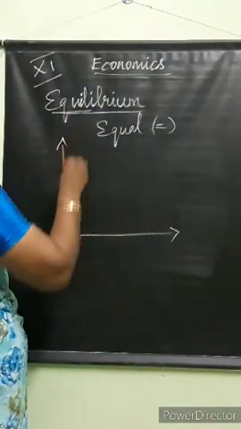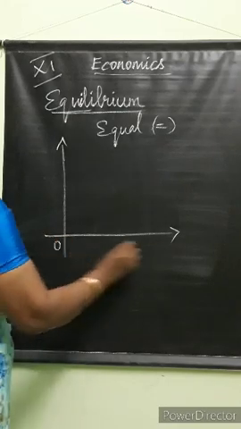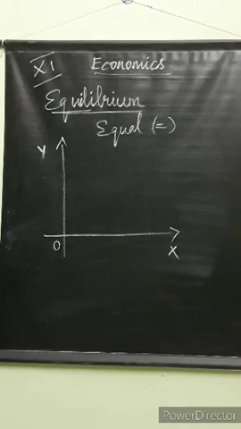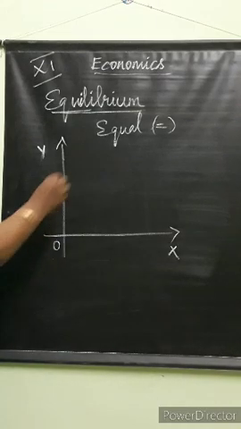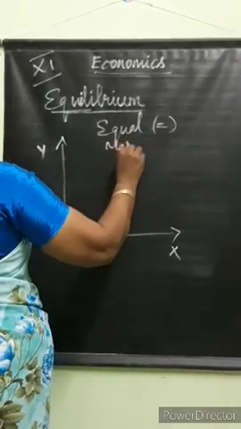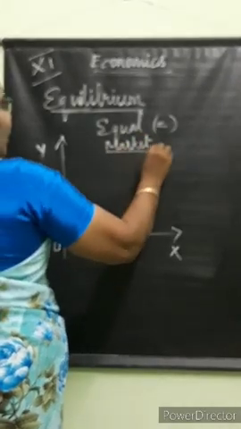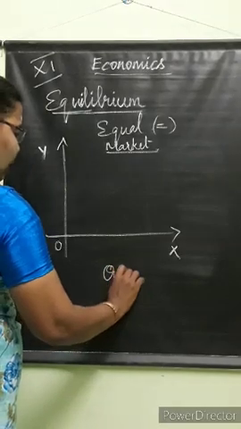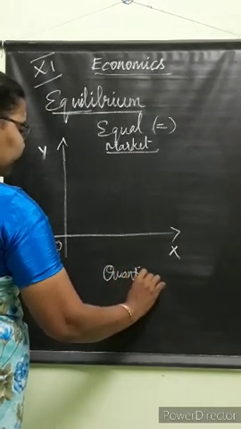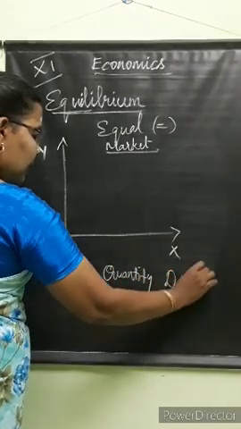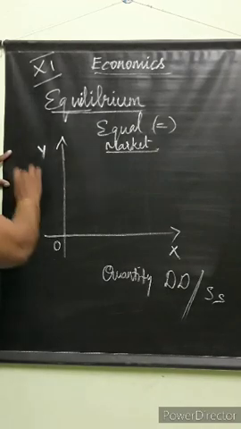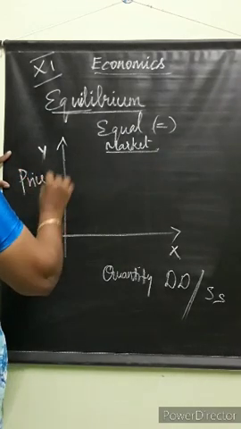For example, if you take the x-axis and the y-axis, in the market, here quantity of demand and supply. DD means demand, SS means supply. And here we are getting price.